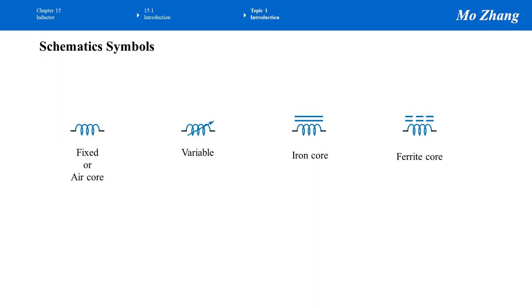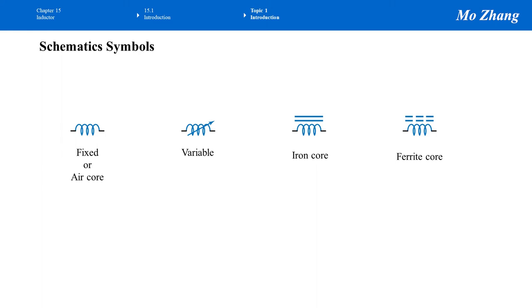For many variable inductors, they have a screw on it. To change its value, we can simply take a screwdriver and spin this screw to change its value mechanically, manually. The third symbol represents an iron core inductor, which is an inductor that has an iron core inside the coil.